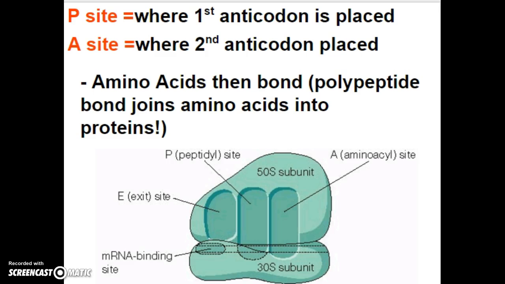So on the ribosome, the first anticodon from transfer RNA is placed in what's called the P site, or the peptidyl site. The A site, or the aminoacyl site, is where the second anticodon is placed by the transfer RNA. Basically, then what happens is those amino acids join together by a peptide bond into an amino acid chain, which is a protein. So this process will continue until a certain stop code is reached.